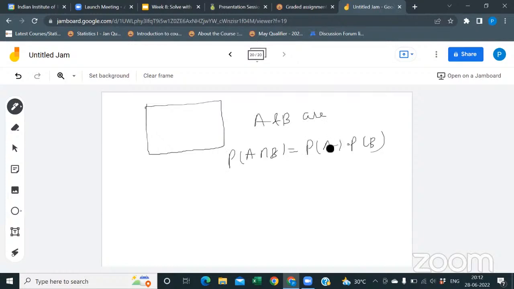Now I have to find probability of A complement intersection B complement.